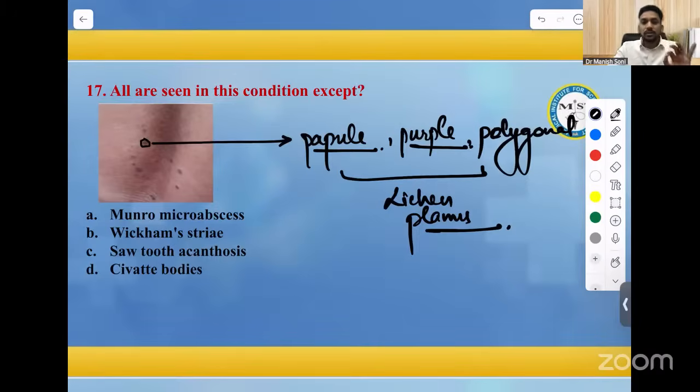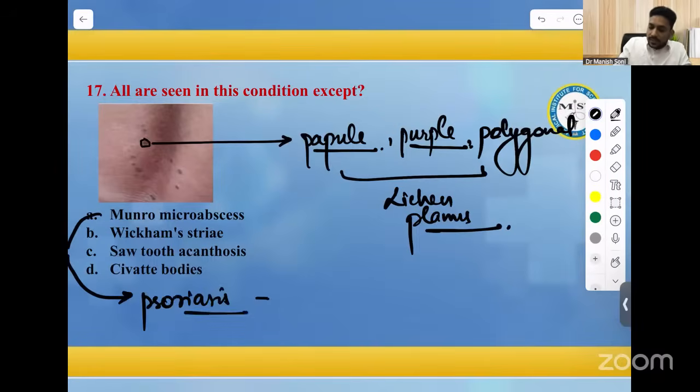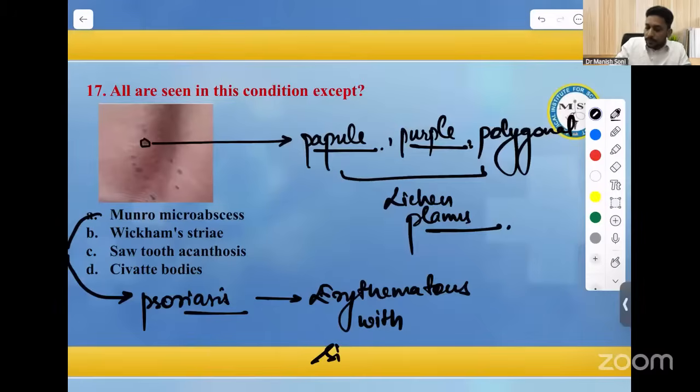This is not psoriasis. Munro's microabscess is seen in psoriasis. Psoriasis is red in color, erythematous, and has a lot of silvery white scaling.